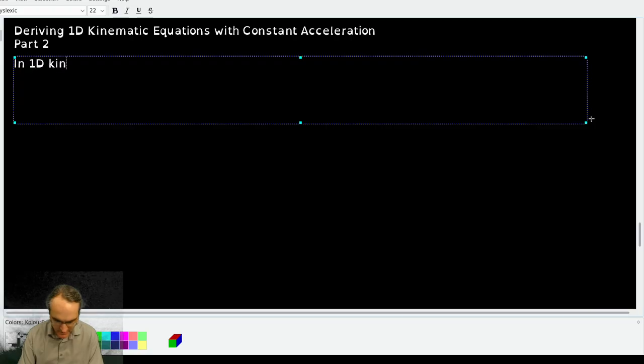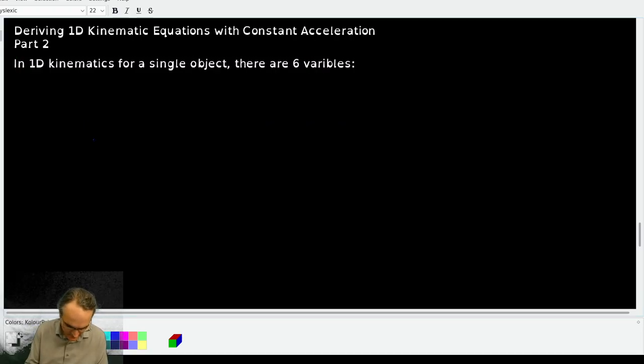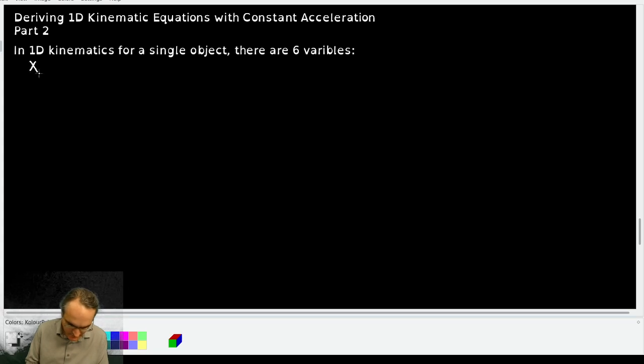In 1D kinematics, for a single object moving, there are 6 possible variables. Those variables are the initial position, the final position, the initial velocity, the final velocity, the acceleration, and the time.